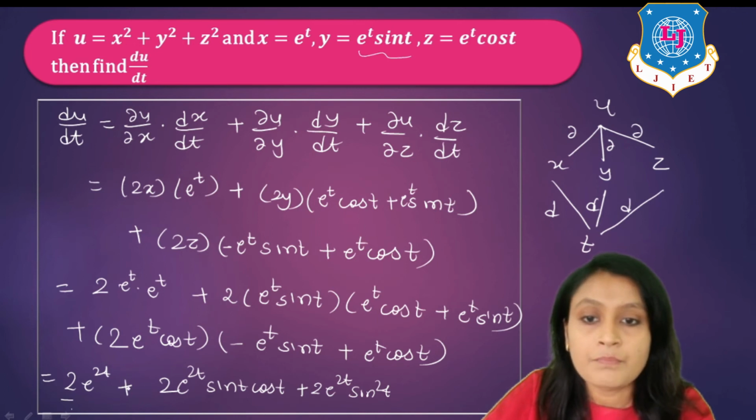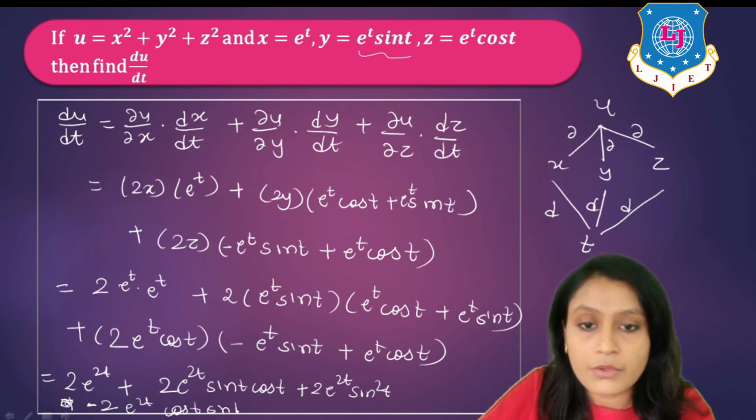Okay, next multiply this two terms. So what you will get here? 2, here we have minus sign. Okay, so we'll write minus 2 e raised to 2t cos t sin t. Okay, and here what you will get? 2 e raised to 2t cos square t.